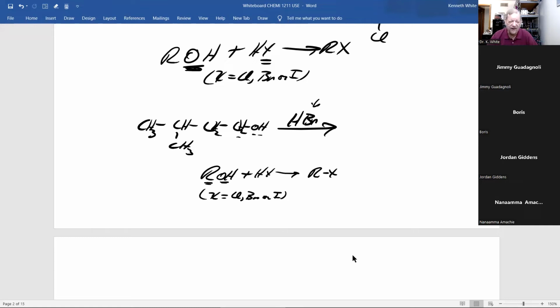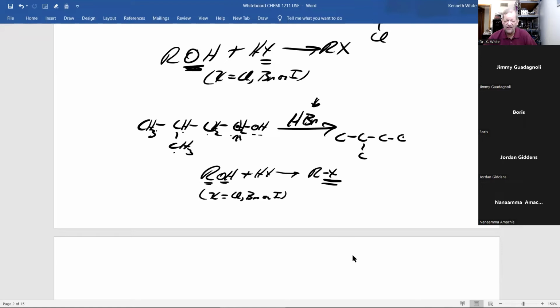Do you break carbon-carbon single bonds? No. So I have 1, 2, 3, 4, and a methyl group makes 5. Which carbon has the hydroxyl group? This one, which will get the halogen.